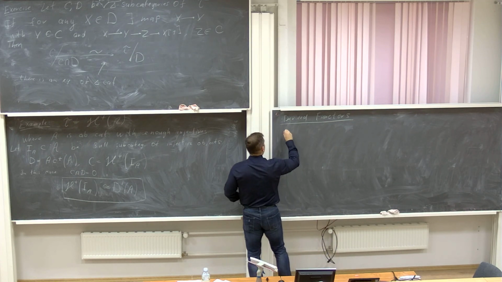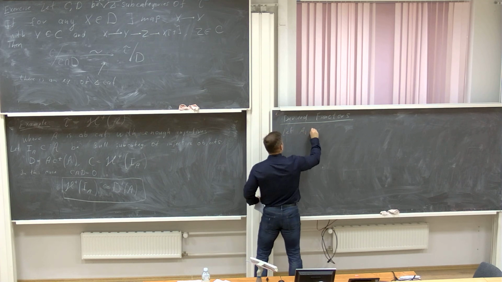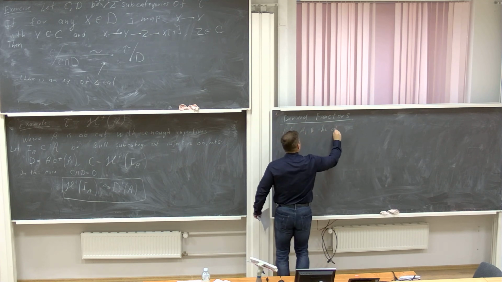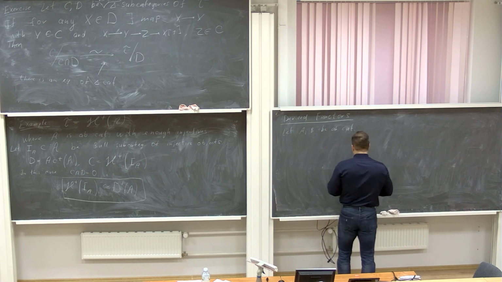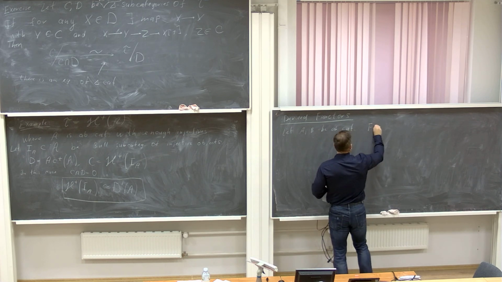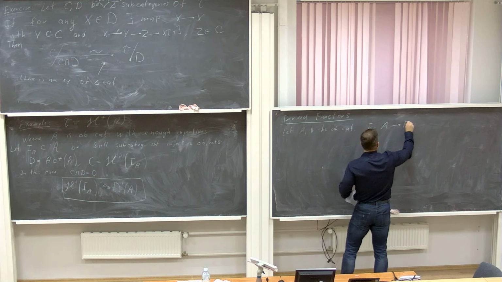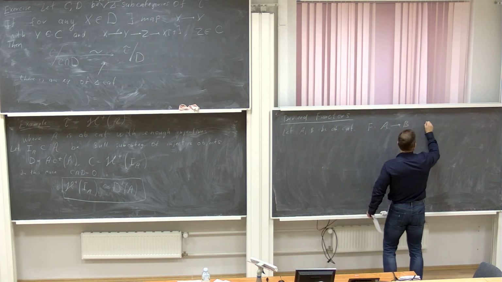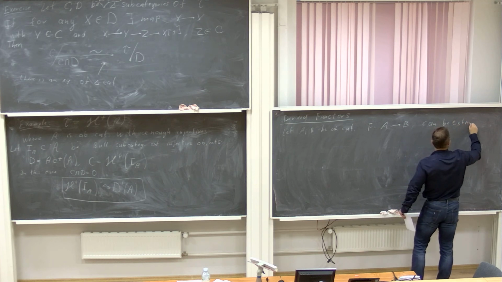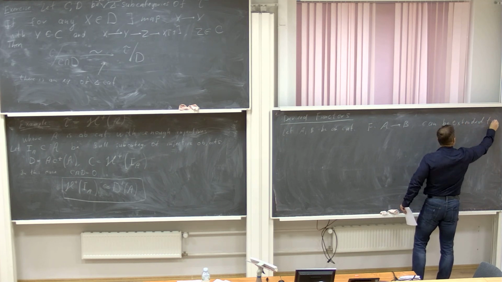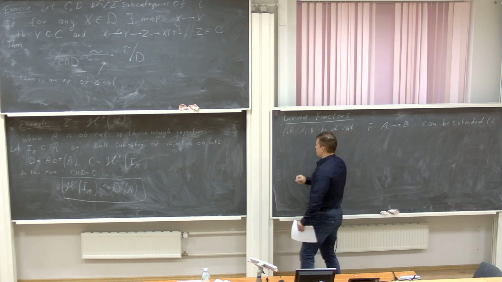Well, if you have two abelian categories, let A and B be abelian categories, then any functor F between abelian categories can be extended to homotopic categories.